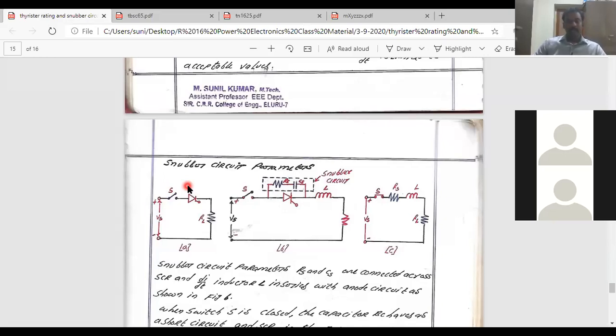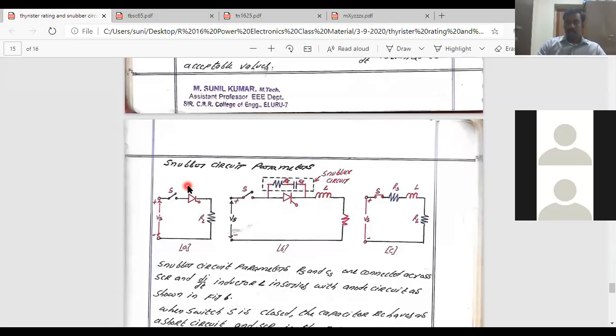Okay. So what are the basic protections employed for the device? The basic protections employed for the device are the dV by dt protection and di by dt protection. dV by dt protection is considered when the device is in the blocking state. di by dt protection is considered when the device is in the conducting state.